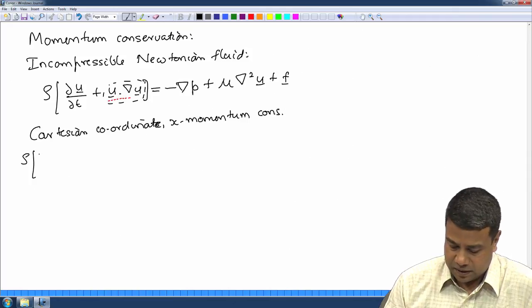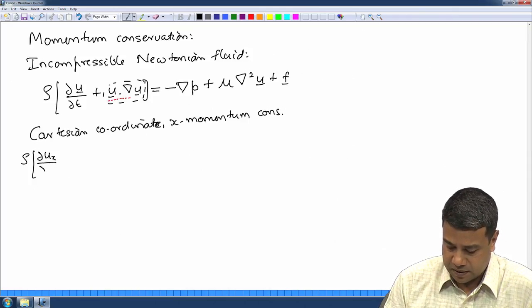The x component of that is going to be equal to partial ux by partial t.